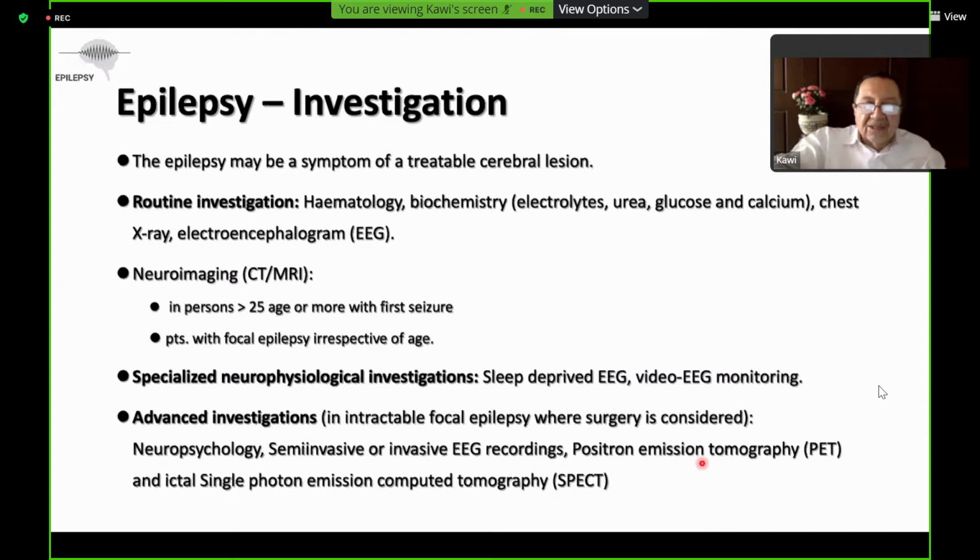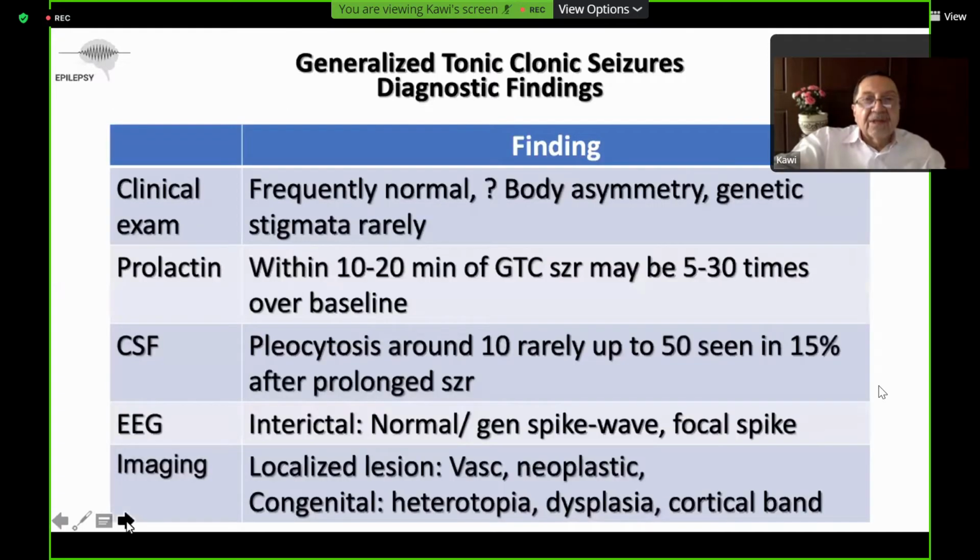And that tells us if there is an area of abnormal activity. Or we do what we call single photon emission computed tomography, where during a seizure, we see the area of activity.